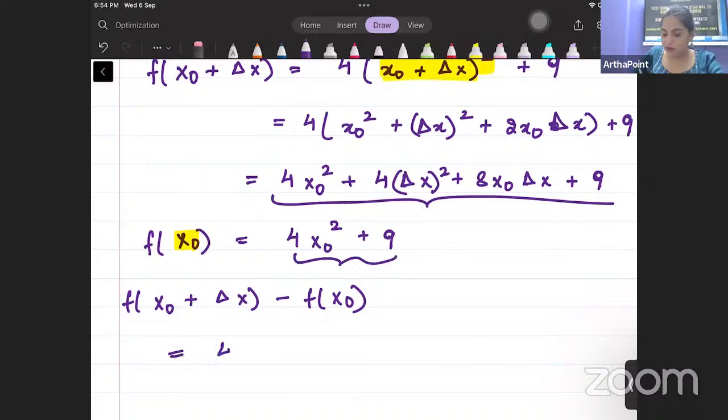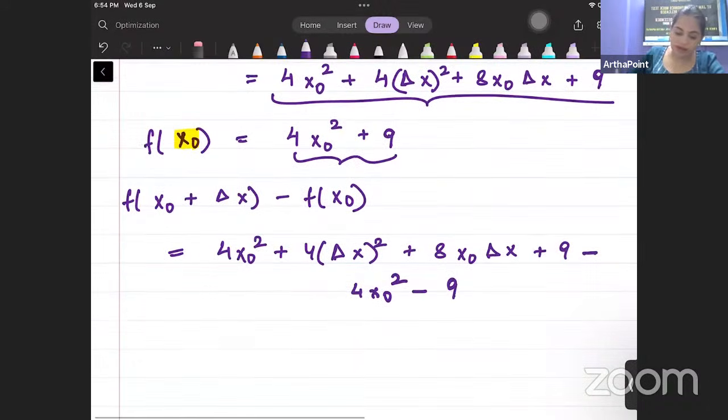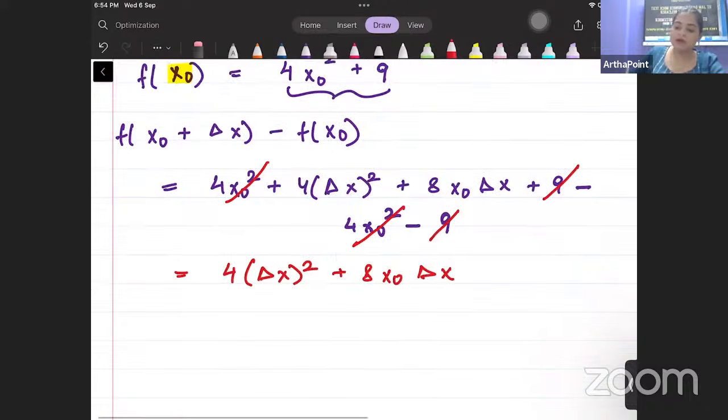What will you get? 4 x naught square plus 4 change in x whole square plus 8 x naught change in x plus 9 minus 4 x naught square minus 9. What cancels out? The 4 x naught square cancels out, and the 9 also cancels out, so I am only left with the rest. This is our change in y.